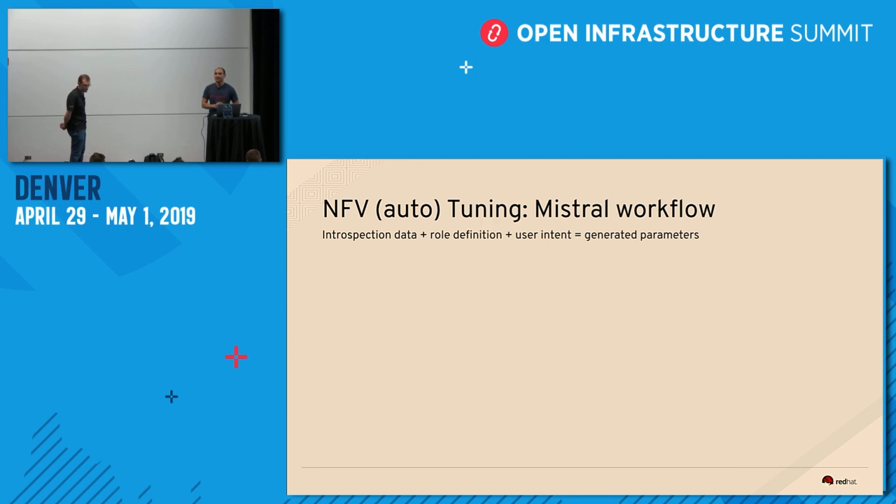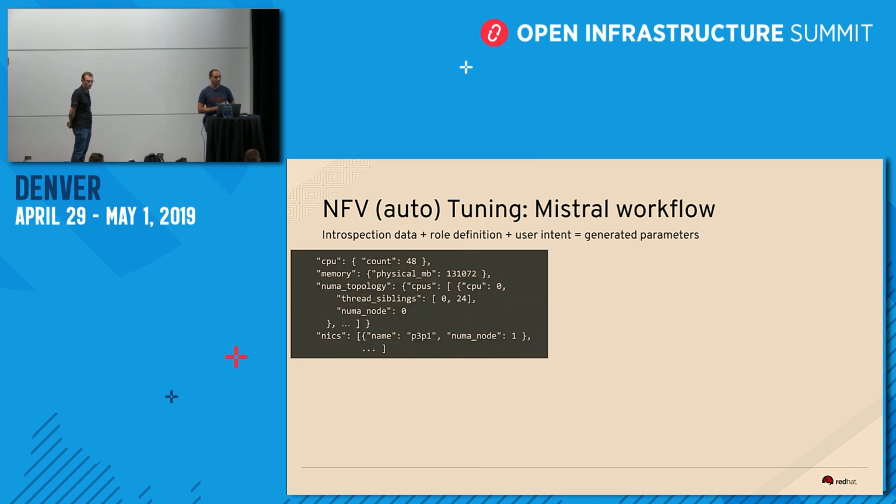Configuring DPDK can be a bit messy until it's done for us, thanks to a Mistral workflow. It's based on introspection data, role definition, and of course, your user intent. From the introspection data, we gather a lot of different information from the physical topology and physical compute nodes.